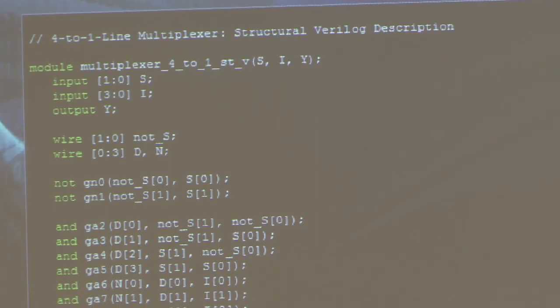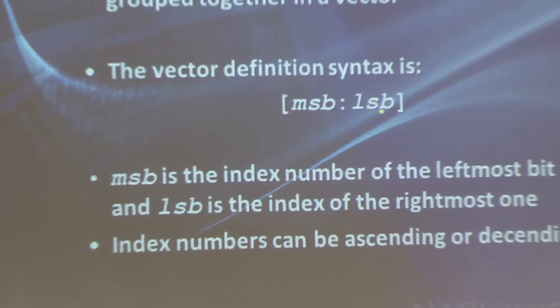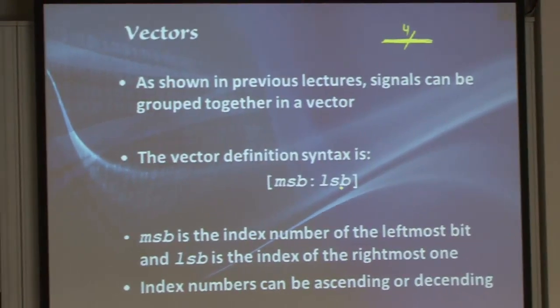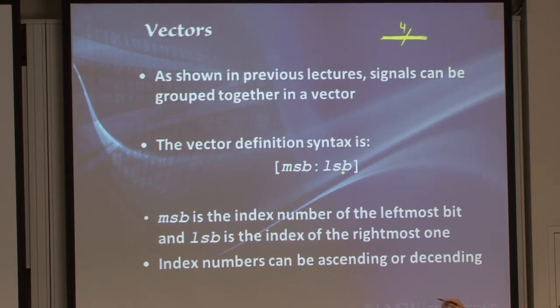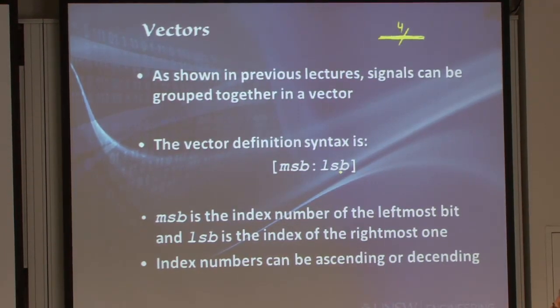Now, when we define or refer to a vector, the most significant bit should be thought of as the bit on the left-hand side, the leftmost bit. The least significant bit is the rightmost bit. But you can decide which one of them you want to have where.